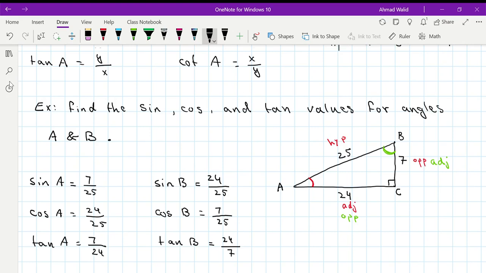Now, I want you to focus on these three trig functions for angle A and three trig functions for angle B. You will see that some of them are equal.